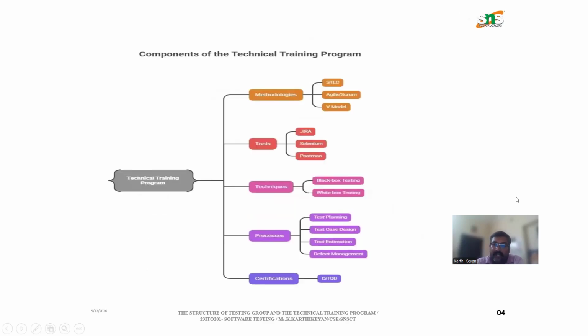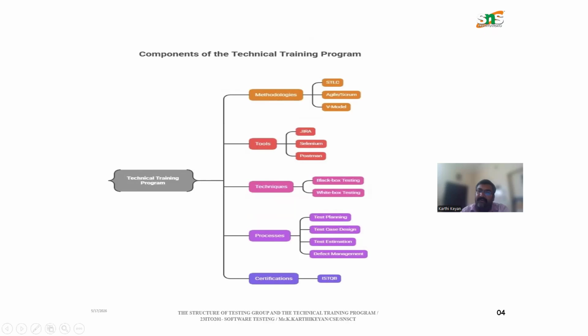So this is the components of the technical training program: methodology, tools and techniques, process, and certification. For methodology, we use SDLC and the software testing lifecycle model, then Agile, Scrum, and the V-model, the verification and validation model. Tools are Jira, Selenium, and Postman. Techniques are black box testing and white box testing.